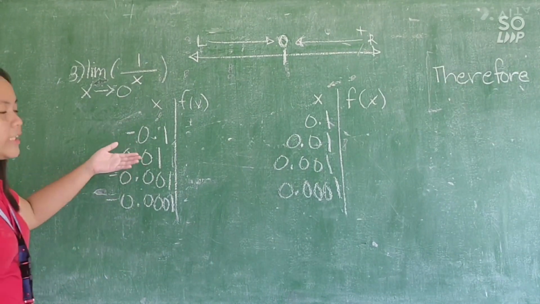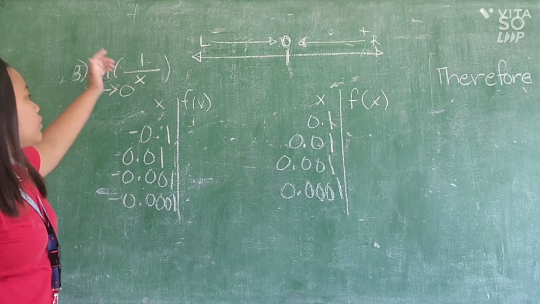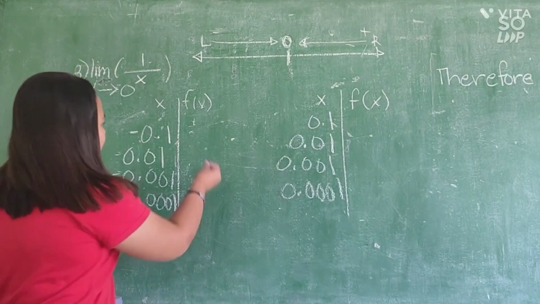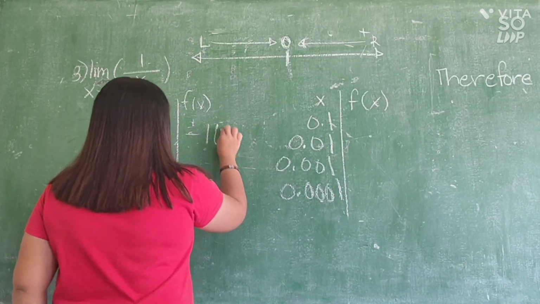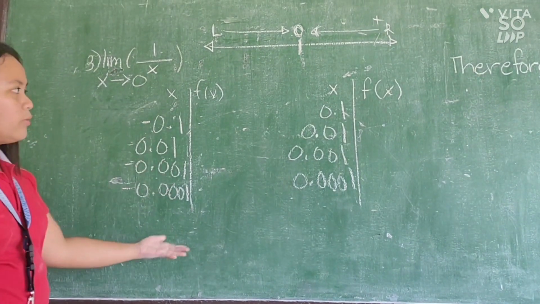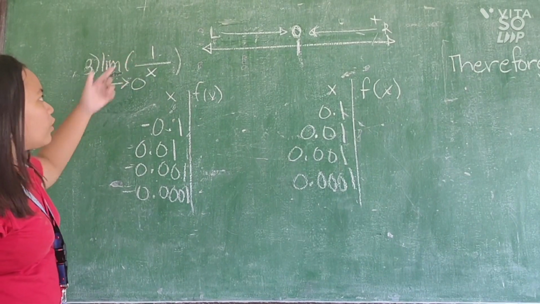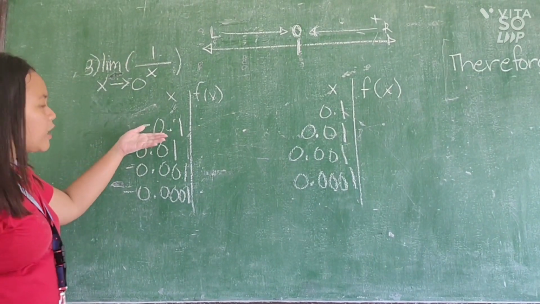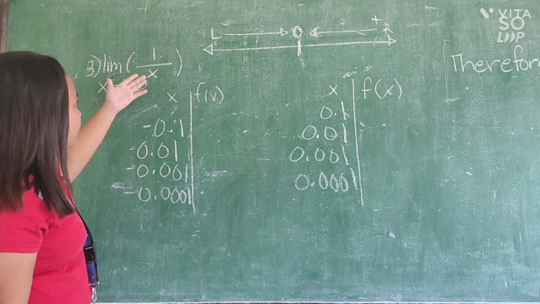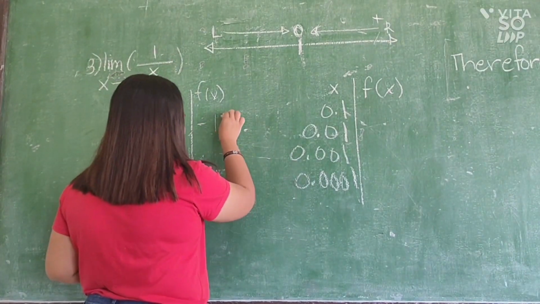At sa ginawa natin kanina, i-distribute natin itong mga x sa ating given. So, our given is 1 over x. So, i-distribute natin ng negative 0.1 sa x. So, it will be 1 divided by negative 0.1, and the answer will be negative 10.